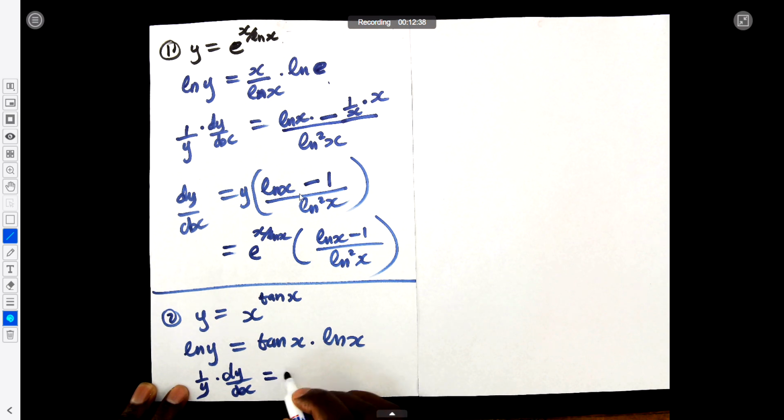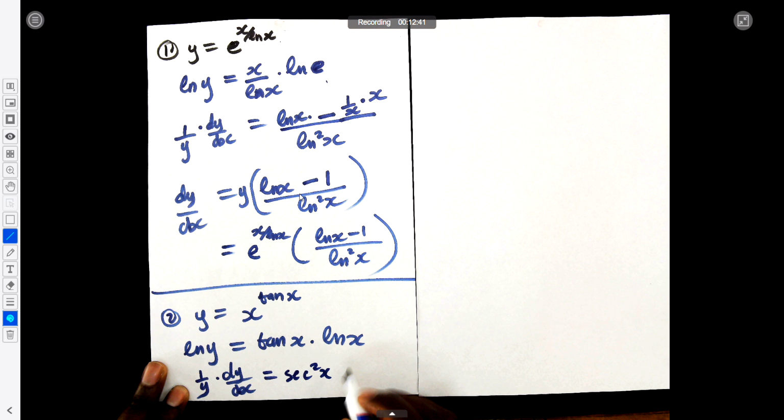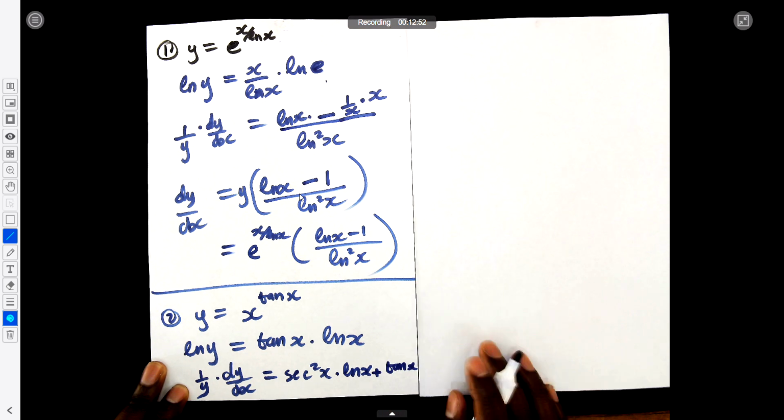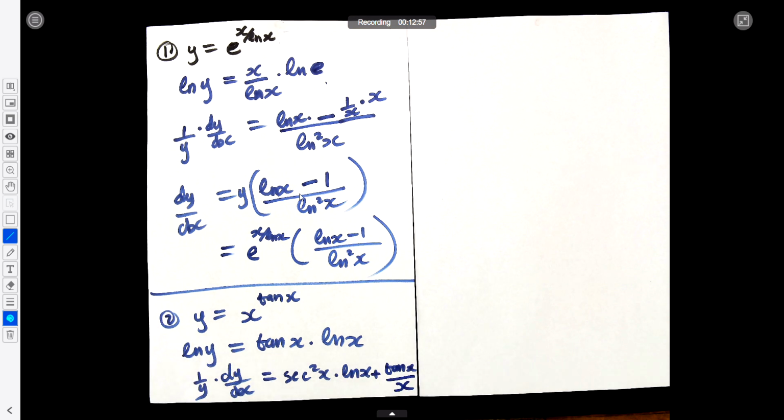So we're going to differentiate tan x, which is going to be sec squared x, multiplied by the second function, ln x. In the second term, you're going to say plus, you're going to multiply by tan x and multiply by the derivative of ln x, which is 1 over x.